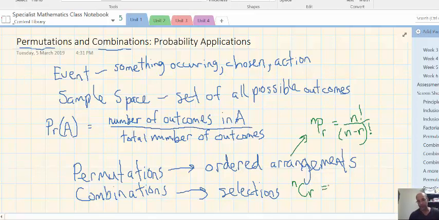And we've seen in the past too that we've got n factorial over r factorial times n minus r factorial. Okay, so again, that's all stuff we've covered, but sometimes it doesn't hurt to do a bit of revision.